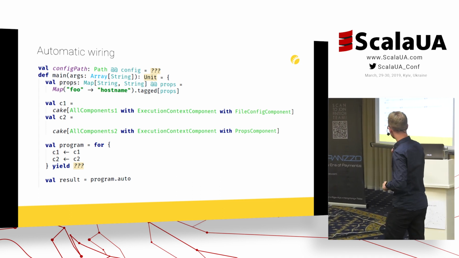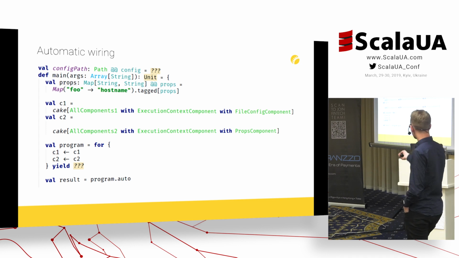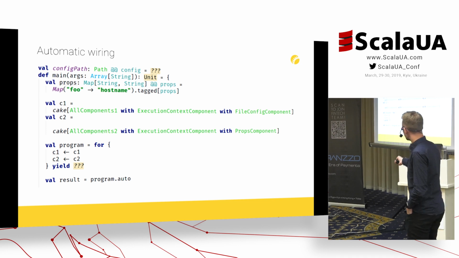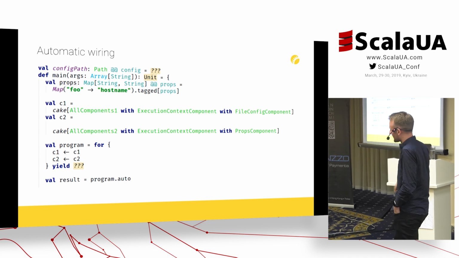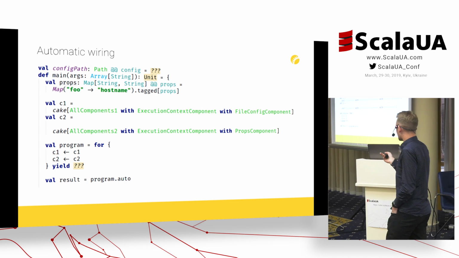Having some dependencies in the scope. In this case, it's probably in some object in the local scope, or in the execution context as an implicit value, the global execution context. Calling the auto method, you will have the cake automatically baked. Yeah, it does the same as Macwire.